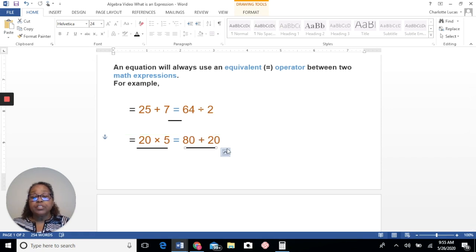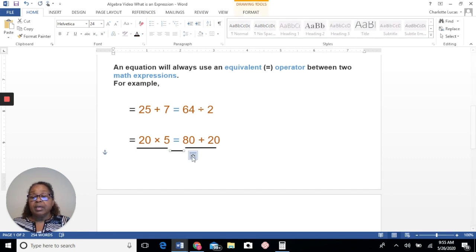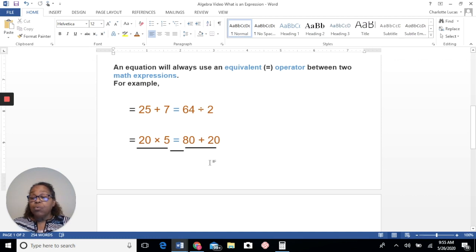We have two math expressions, and what's in the middle? The equivalent operator is the equal sign. And remember, if you have an equal sign, what's on this side of the equal sign must equal what's on that side of the equal sign for the equation to be true.